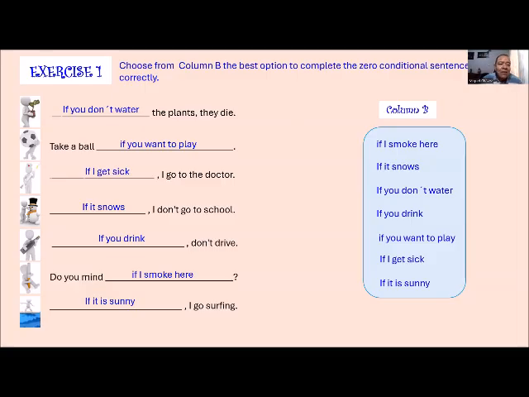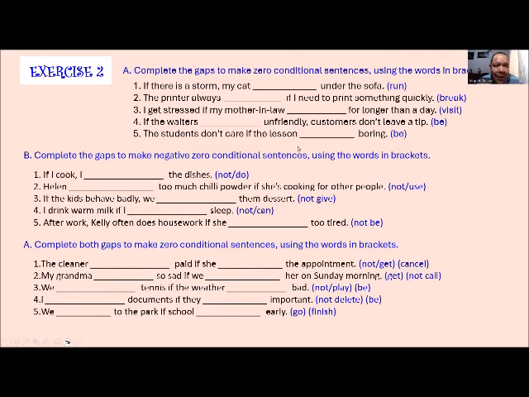As you can see in these first examples, we put in practice the zero conditional in a different order: the if clause first, or the if clause in the second part. Let's continue doing some other exercises. Remember, I need your help to do them.